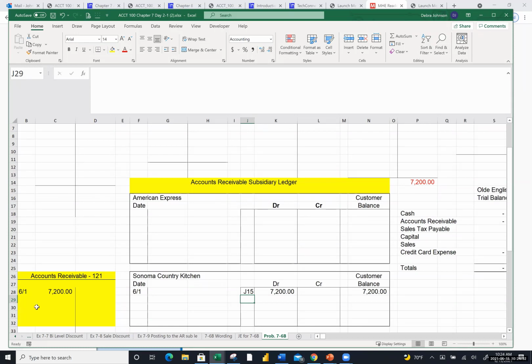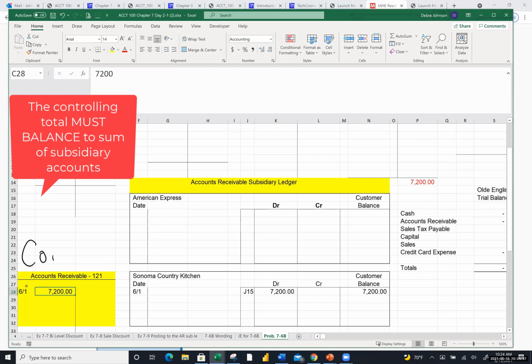Now you could go put J15s on these other accounts as well, but the focus here is on the Accounts Receivable Subsidiary Ledger. And here's where I want the focus to be. At all times, remember this is the controlling account, the whole thing has to equal the sum of the parts.